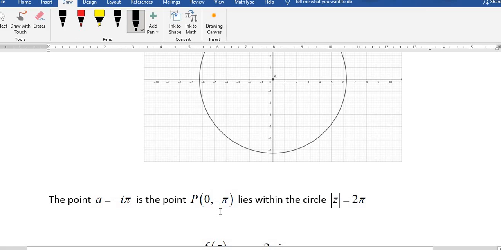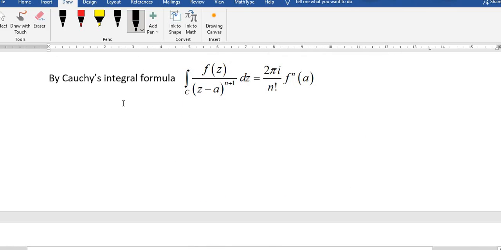That point lies inside the circle, near to minus 3. Here you can observe the real part is 0, so the point P lies on the imaginary axis. So this point lies within the circle mod z equal to 2 pi. That's why I am going to use Cauchy's integral formula.